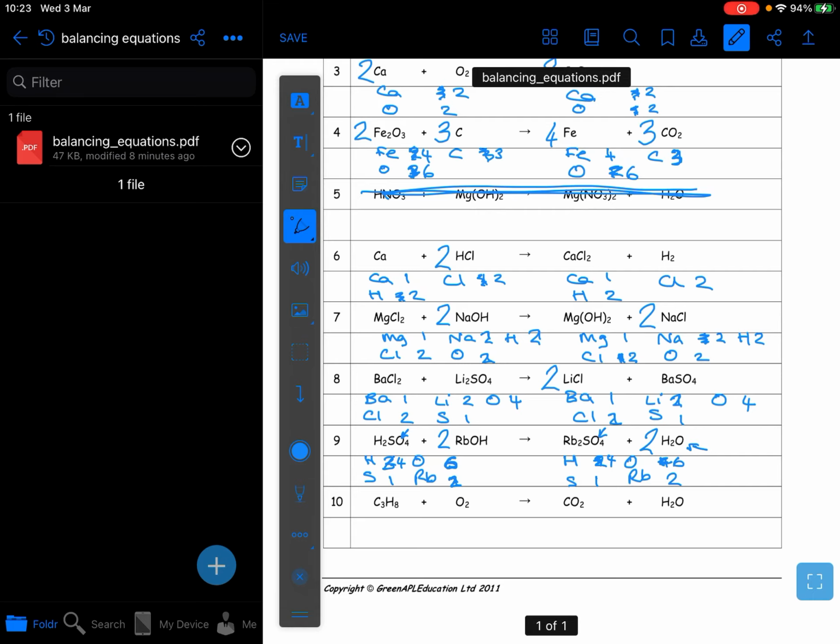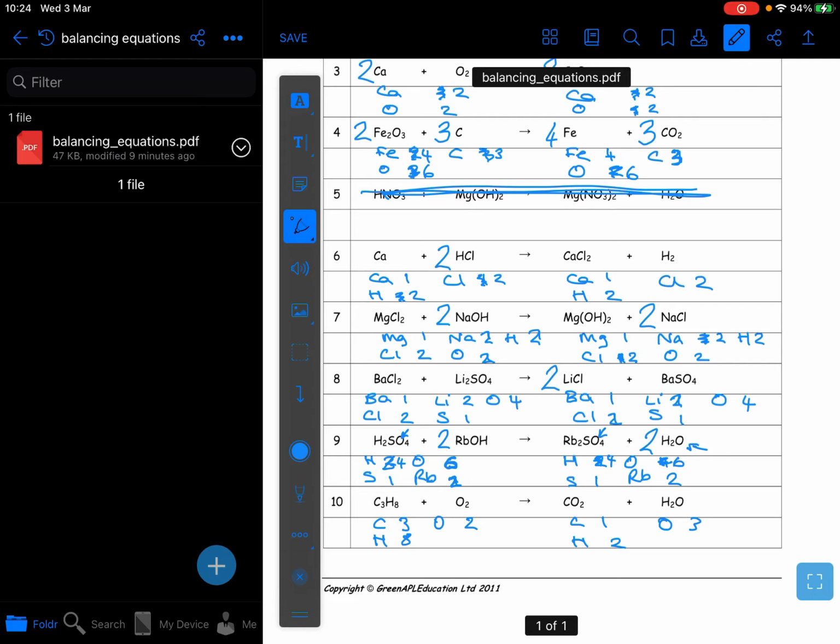Lovely jubbly. Okay, here we've got carbon, hydrogen and oxygen. Carbon, hydrogen and oxygen. 3, 8, 2, 1, 2 and 3. Okay, let us do hydrogen first. Should we do hydrogen first? Shall we?